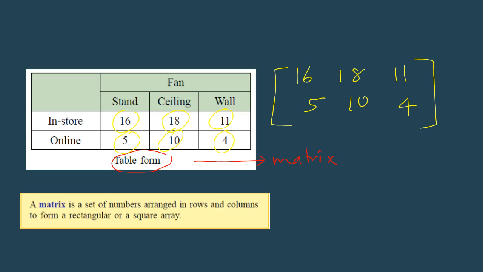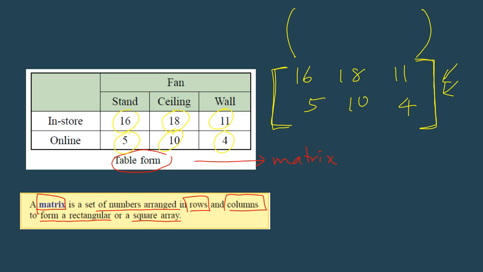You can use the curved bracket or this one, but our textbook is using this shape, so we use this one for our lesson. So in short, a matrix is a set of numbers arranged in rows and columns, to form a rectangular or square array.